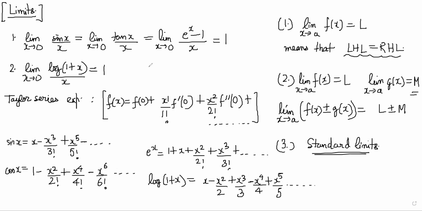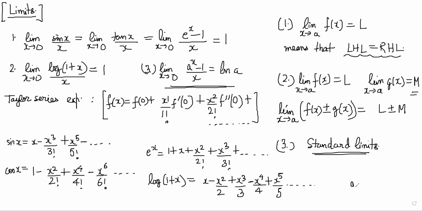We also saw this limit as x tends to 0 of (a power x minus 1) by x is equal to ln a, right? We saw that by writing a power x as e power x ln a. Remember that, no?